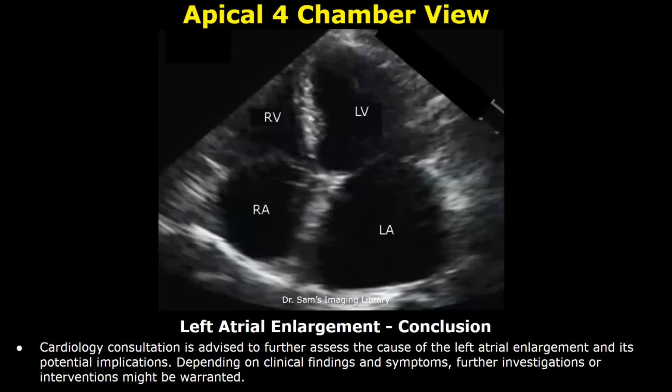Cardiology consultation is advised to further assess the cause of the left atrial enlargement and its potential implications, depending on clinical findings and symptoms. Further investigations or interventions might be warranted.